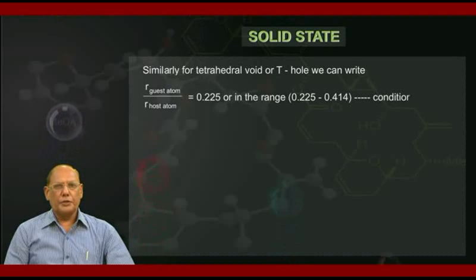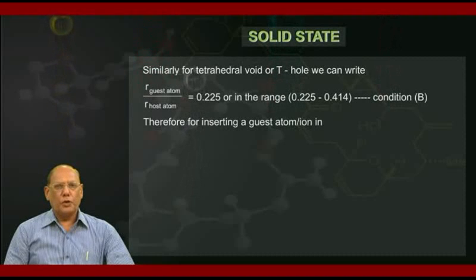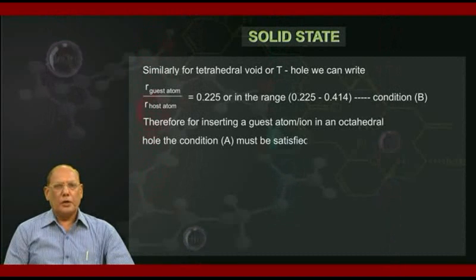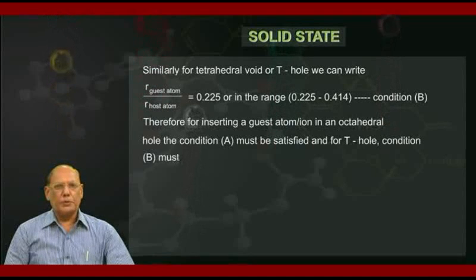Mark it as condition B. Therefore, for inserting a gas atom or ion in an octahedral hole, the condition A must be satisfied, and for T hole, condition B must be satisfied.